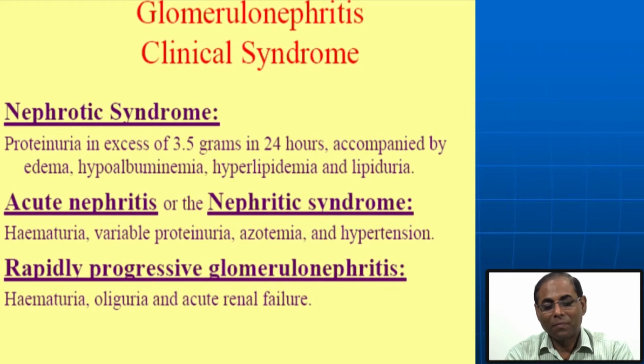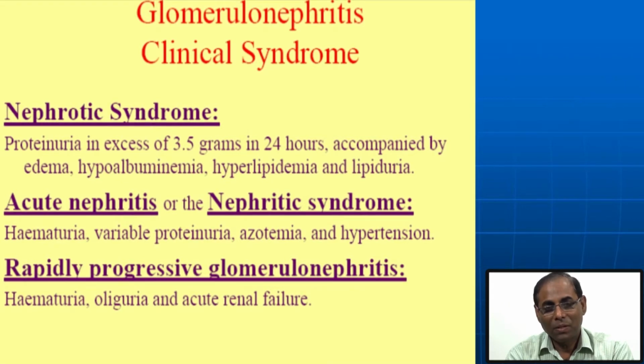Whereas in rapidly progressive glomerulonephritis, they present with a shorter history of a few days to a few weeks, and they present with features of acute renal failure, sometimes with no urine formation, or anuria, sometimes reduction of urine formation below 400 ml per day, which we describe as oliguria, and there may be hematuria and maybe mild proteinuria.